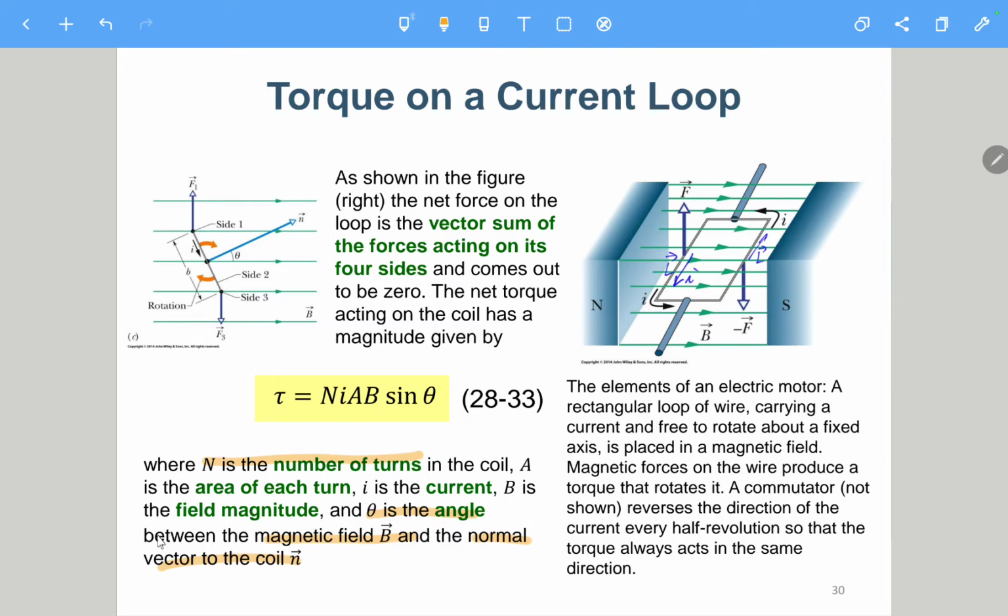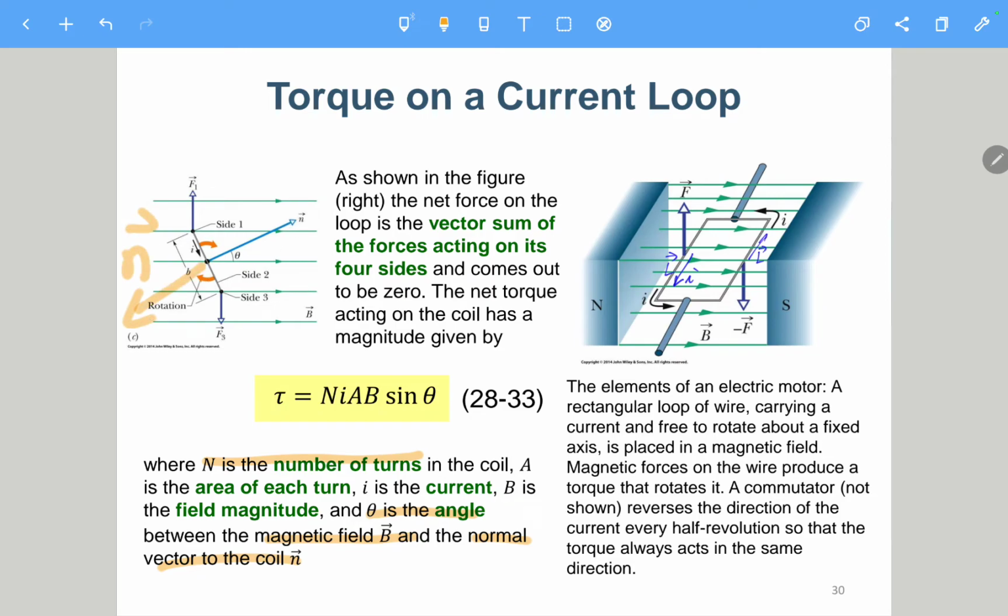Okay, so here, suppose this is the coil. We can draw a vector which is perpendicular to the plane. And you may still ask, can we define n to point to this side or the other side?